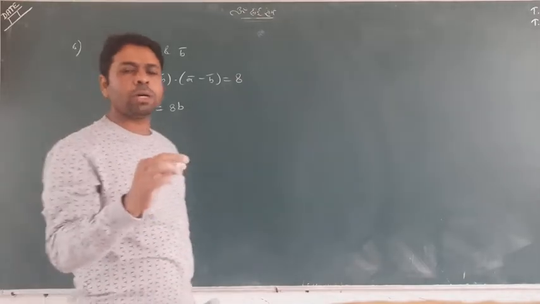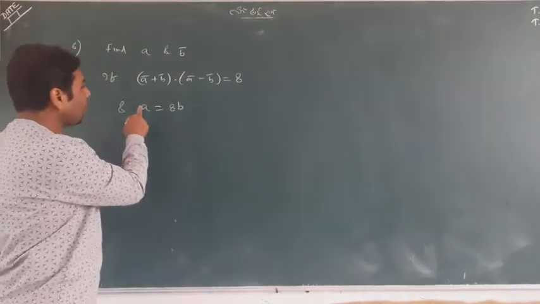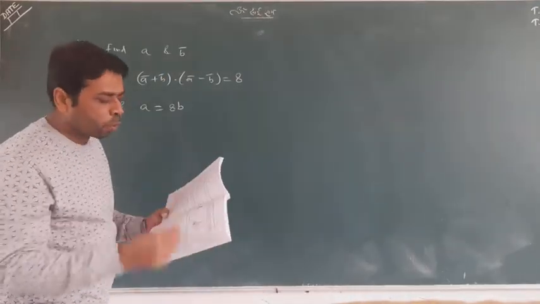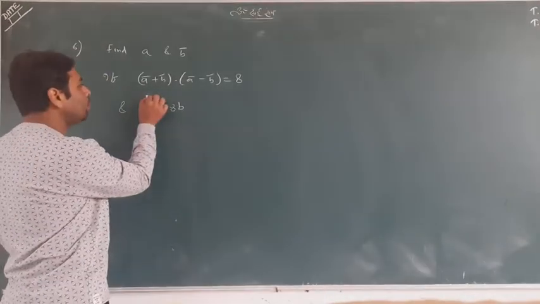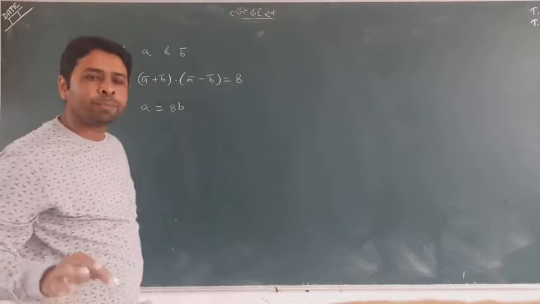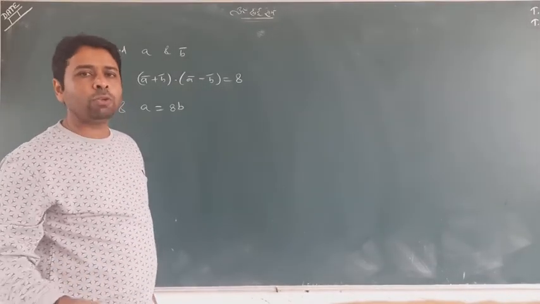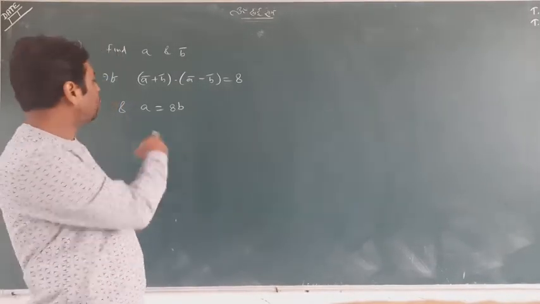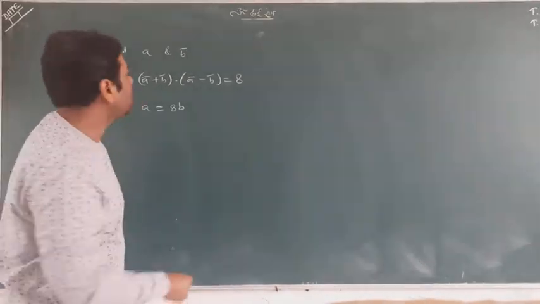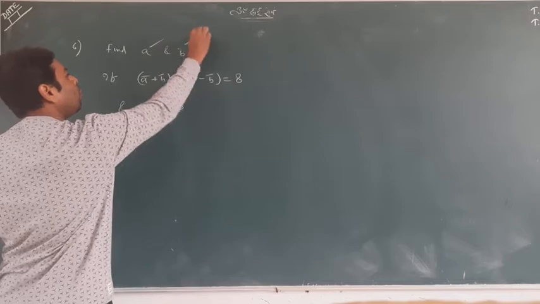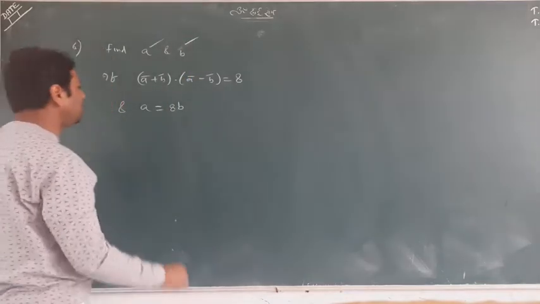Now try to see what I wrote here. I did not follow the language in the book. In the book, mod and vector are all given. But I have taught you that whenever you want to write mod, it's sufficient to write A. This is mod A, this is mod B. What do you want to find? Mod A and mod B.